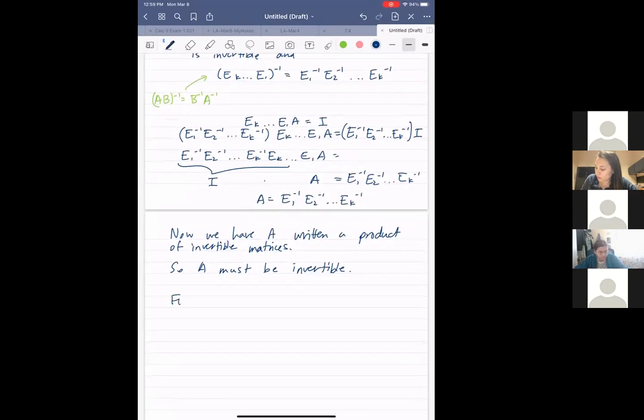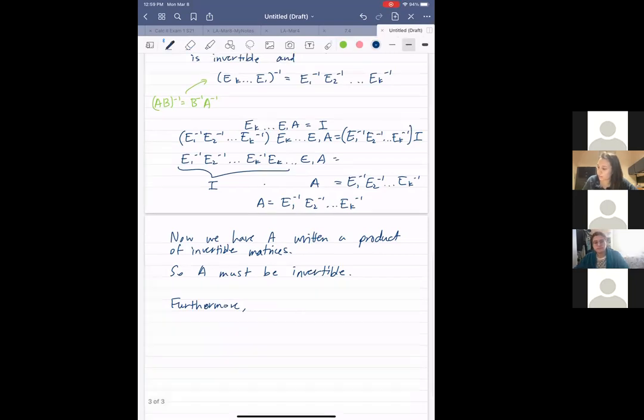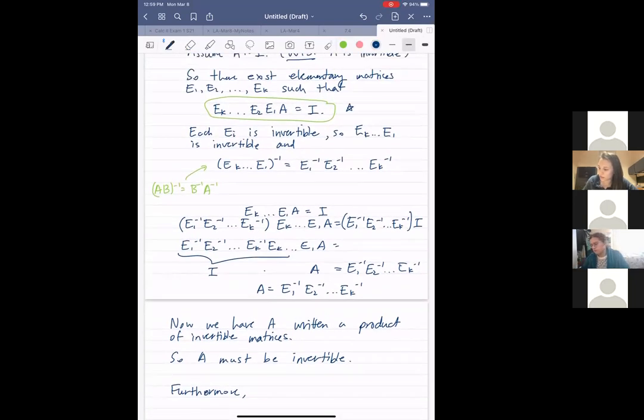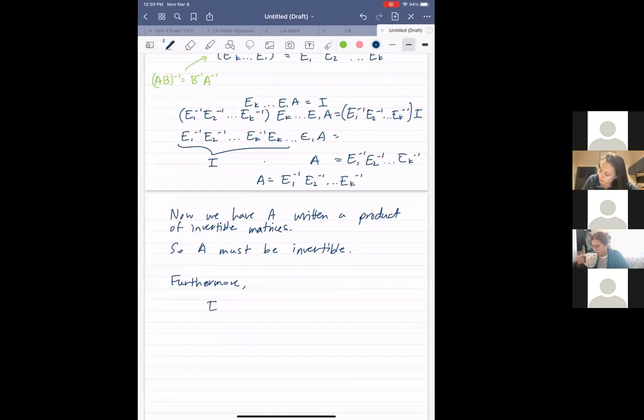So furthermore, if we look at this green statement up here, I'm just going to copy it down. So EK up to E2 times E1 times A equals the identity, right?